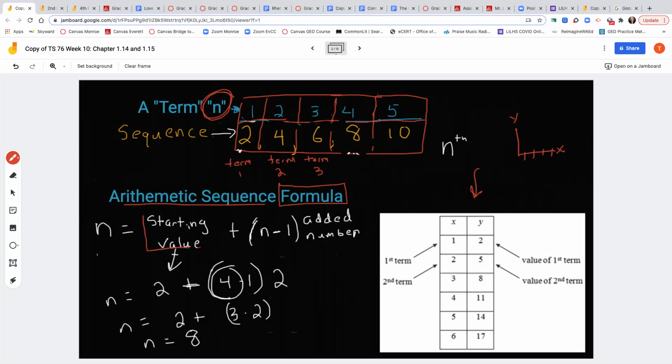Starting value, plus, and then in parentheses I've got here n minus 1.